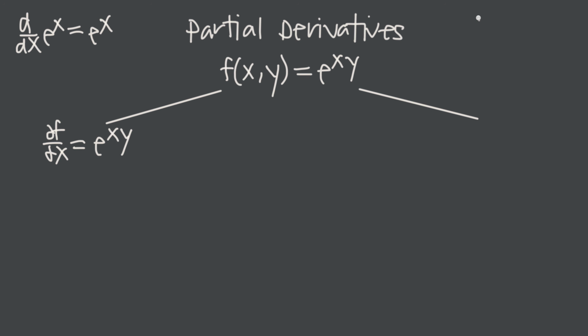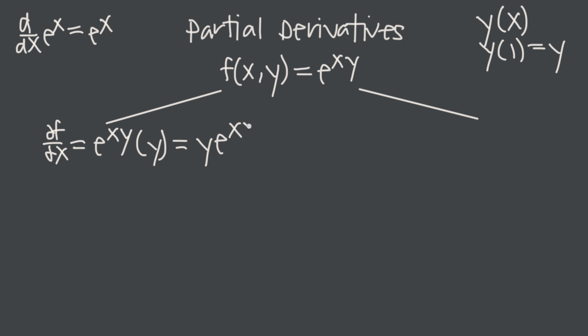Well, if we look at that, xy, and we're interested in x, we can factor out the y in front, and we can write that as yx. Now the derivative with respect to x, y acts like a constant coefficient. It stays out in front. The derivative of x is 1, so we get y times 1, or just y. Which means when we apply chain rule, we have to multiply this here by y, and we end up with y times e to the xy.